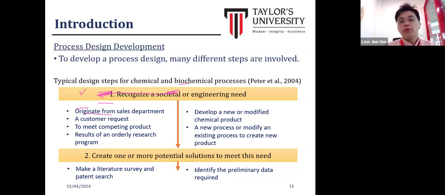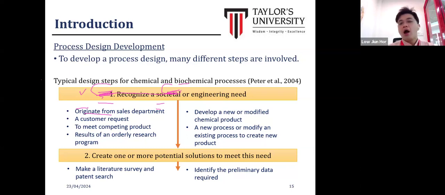Okay, so as I told just now, some of the company, they already have their own chemical plant. Sometimes maybe they want to further improve the chemical plant. Then you also have to know how to actually develop a new design in order to assist them to try to further improve their existing chemical plant. And this is also considered as the recognized need, meaning the purpose, what actually you want to do.